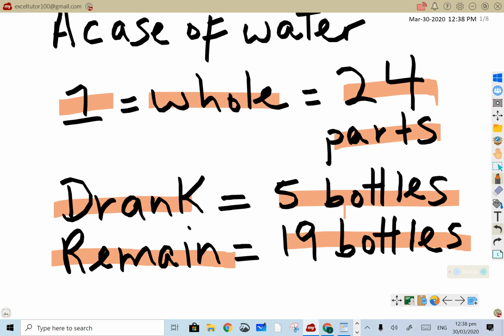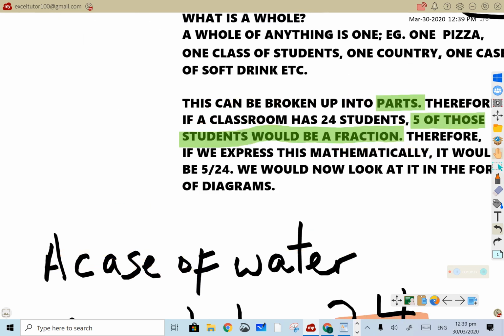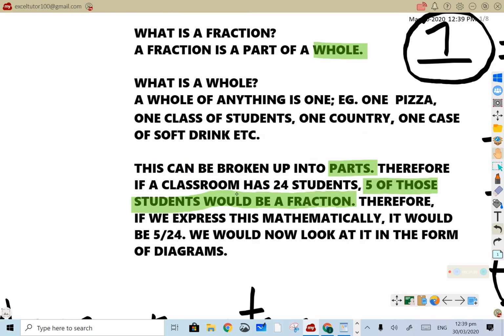So we indicate different things that represent fractions. So a part of a whole, we're going straight back up to the definition of what is a fraction.